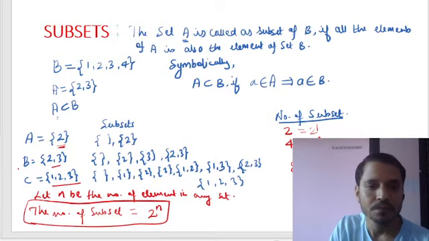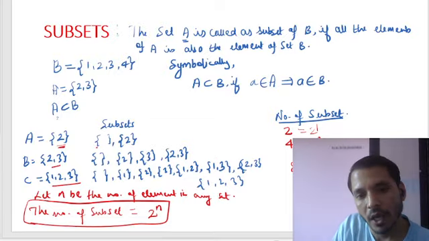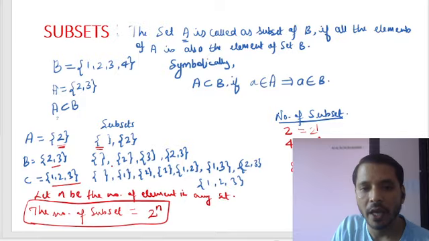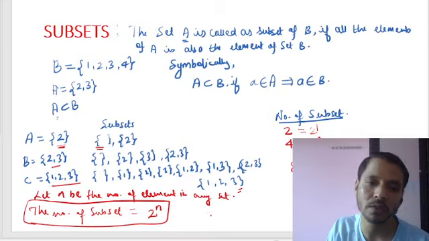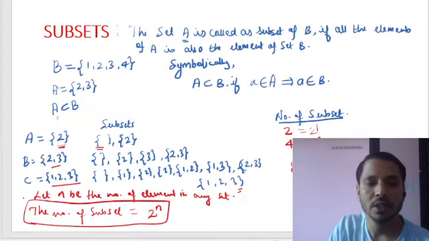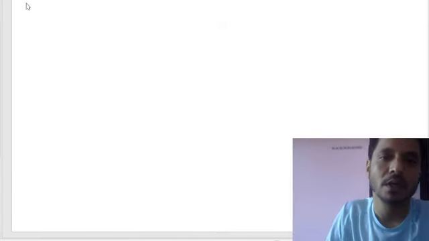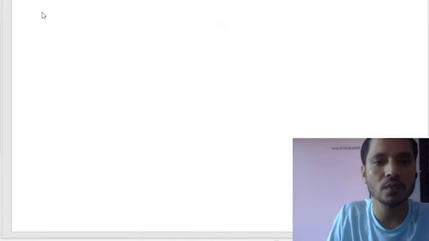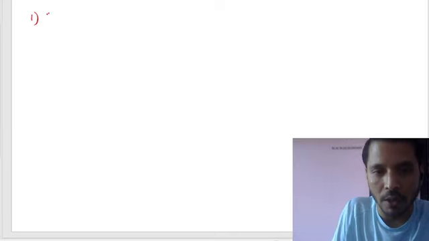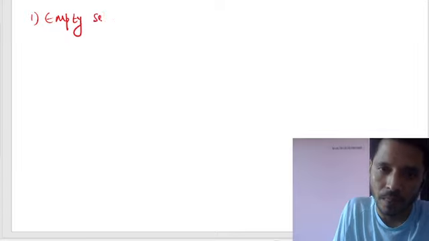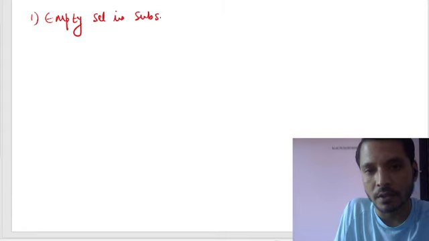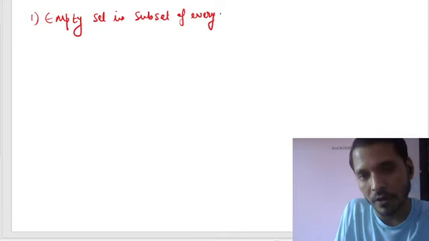Now some points here. You can observe that the empty set is a subset of every set, and the set itself is also a subset of every set. These 2 points we should note down, right? The first one is that the empty set is a subset of every set. It is like a friend of everyone.